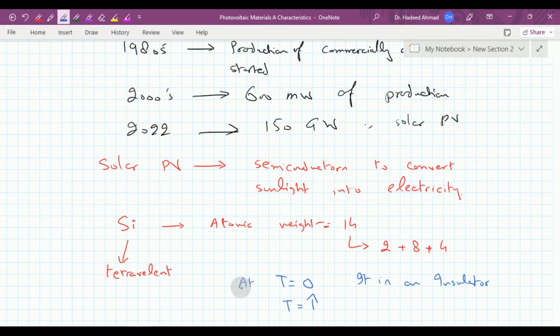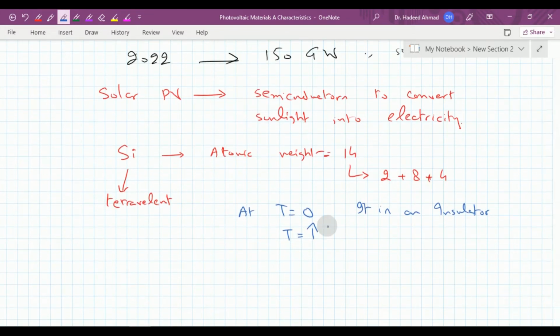So as we increase the temperature, their conductivity G actually increases. More electrons are available in the conduction band, and therefore we say that the conductivity of silicon increases.